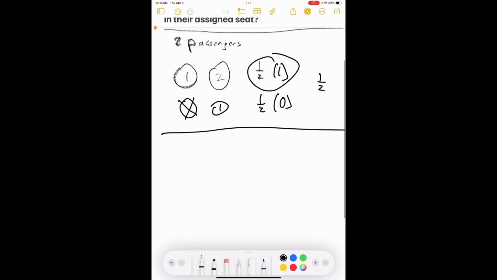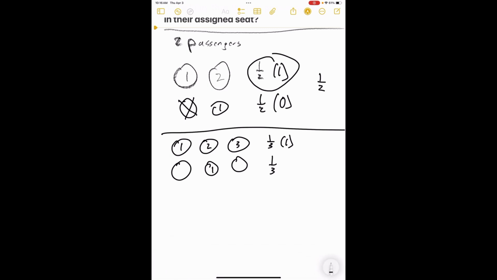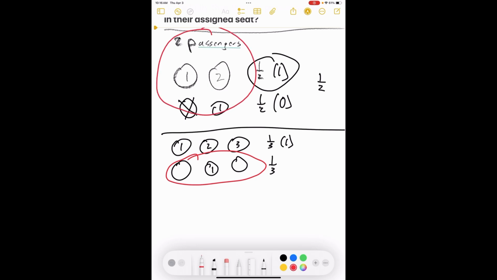Okay, let's try with 3 passengers now. Now, if passenger 1 sits in his own seat with probability 1/3, then everybody else sits in their seat with probability 1. But if the first guy sits in the second seat, also with probability 1/3, then the next guy sits at random. And what we've really done is we've reduced it so that this is exactly the same as the 2-passenger scenario.